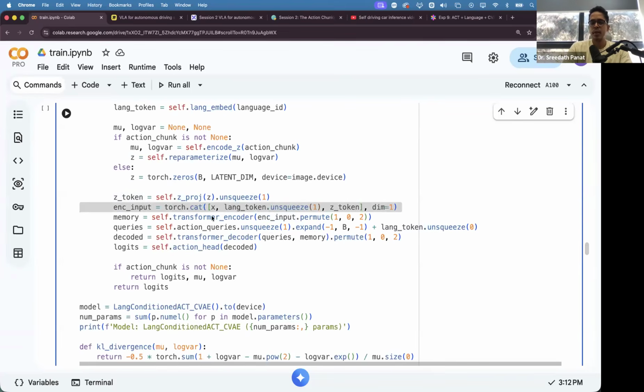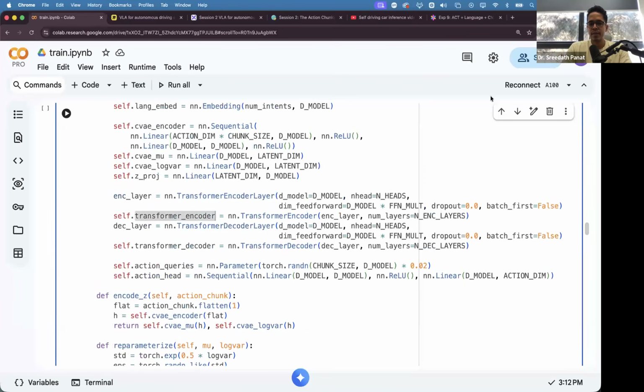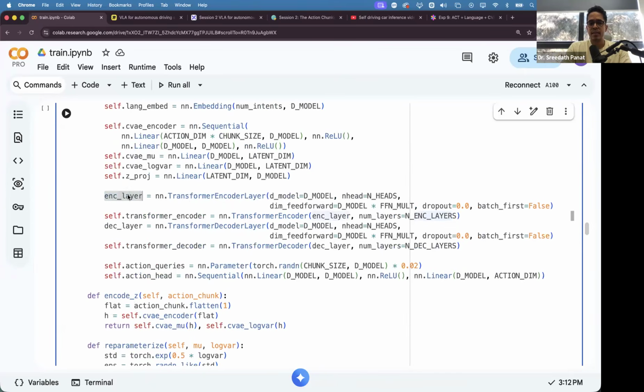So now this is the transformer encoder part. Memory is simply where you store the output of the transformer encoder so that it can later be passed into the transformer decoder. Now, where is the transformer encoder definition? It is here. We are using the native transformer encoder from nn.Module, so nn.TransformerEncoder, where the encoder layer is what we pass as the encoder.